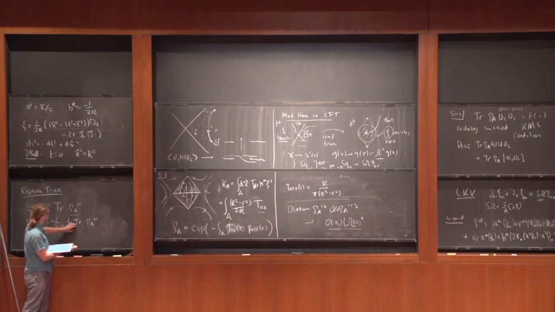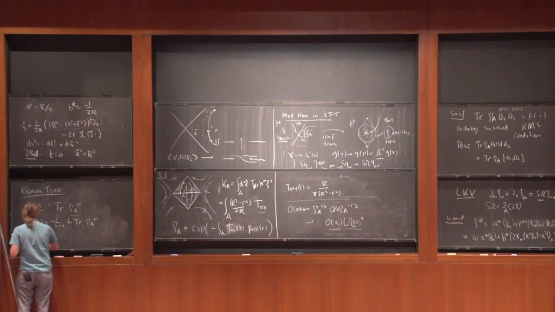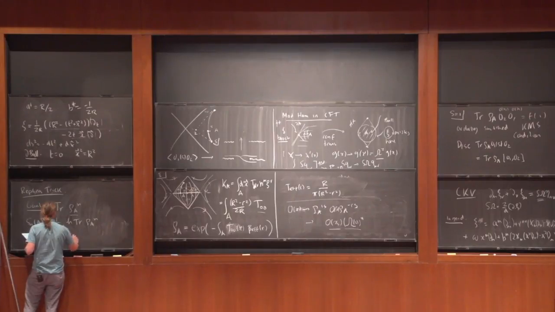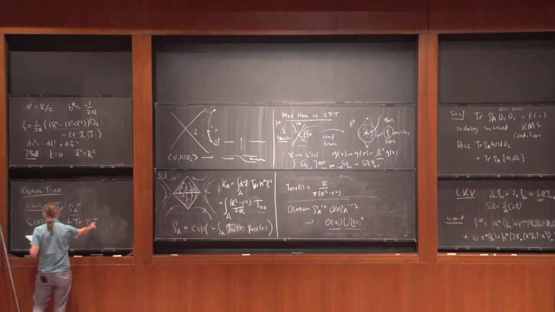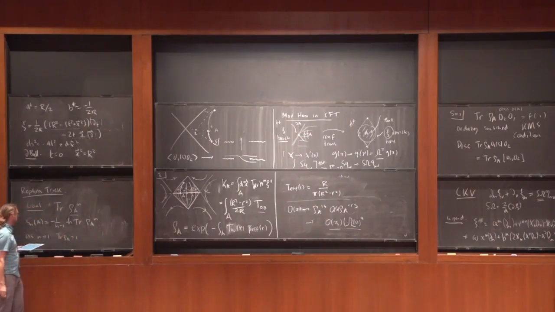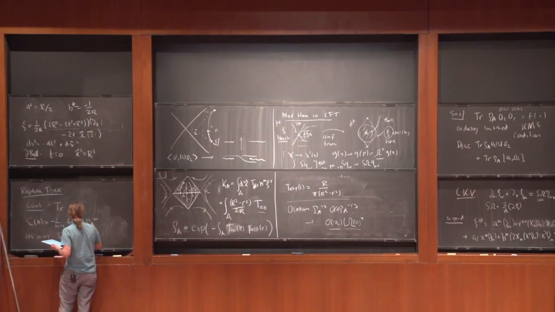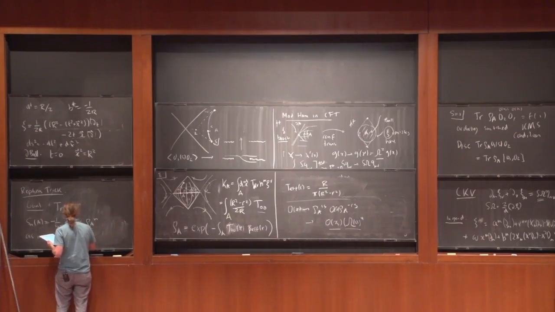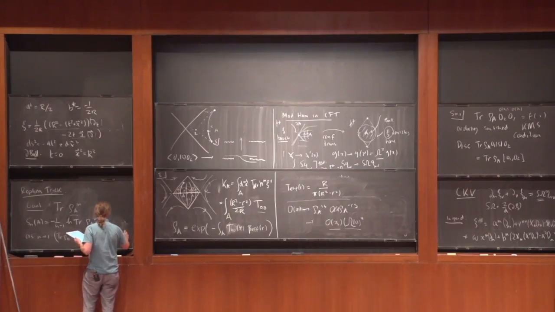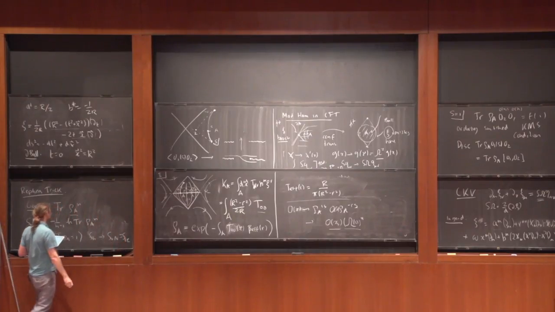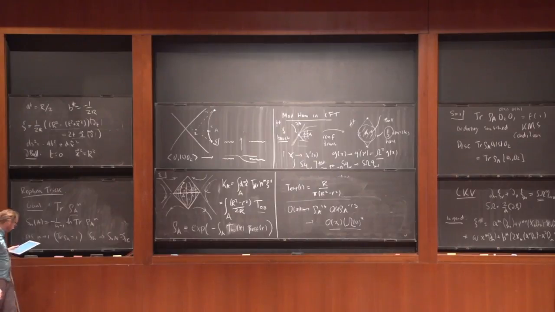This form is special. Trace rho to the n, when n goes to 1, it's designed so that, using the fact that the normalization of the density matrix is such that this is 1 when n is 1, that means that log goes to 0, and n minus 1 also goes to 0, so you need the next correction, and so it's easy to show that S_n goes to the von Neumann entropy, or the entanglement entropy, minus trace rho log rho.